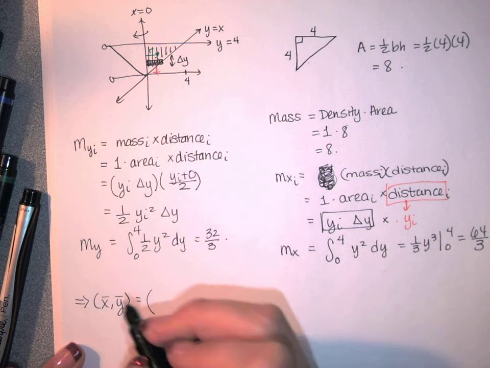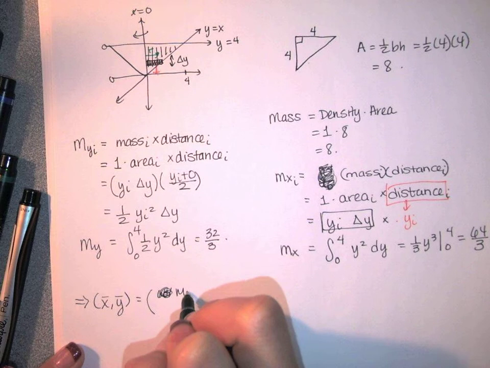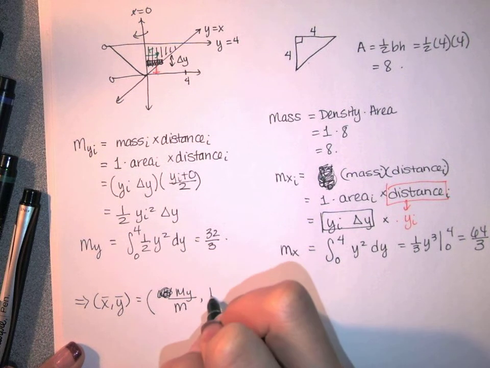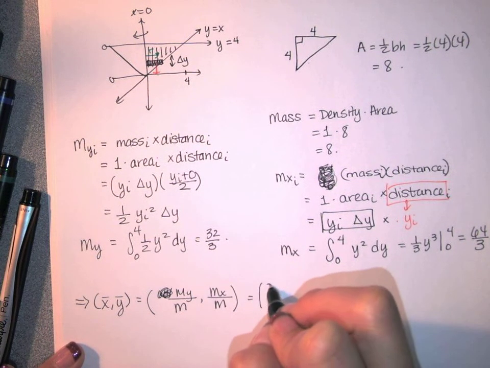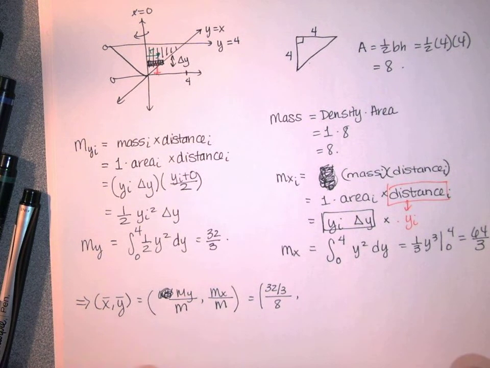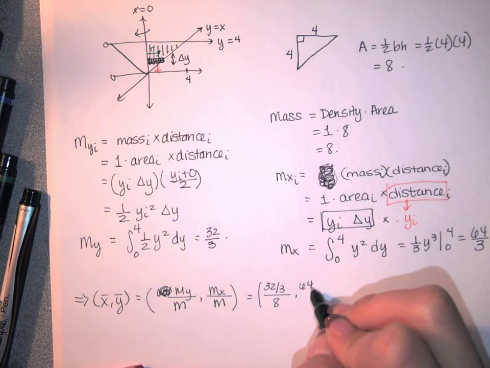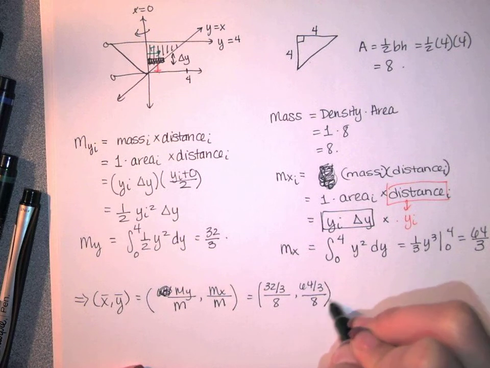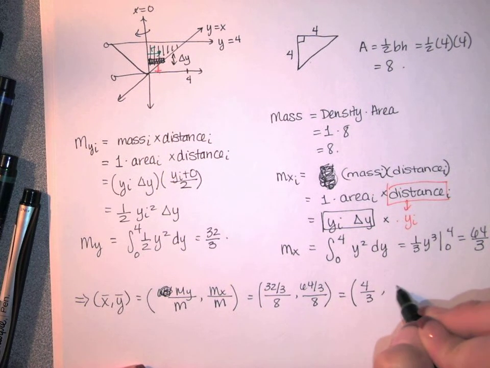But the moment about the x-axis is 64 over, well, oops, let's put the formulas in. Moment about the y-axis divided by mass. Moment about the x-axis divided by mass. Moment about the y-axis is 32 over 3, and we're dividing everything by 8. Moment about the x-axis is 64 over 3, and we're dividing everything by 8. So we end up with 4/3 and 8/3.